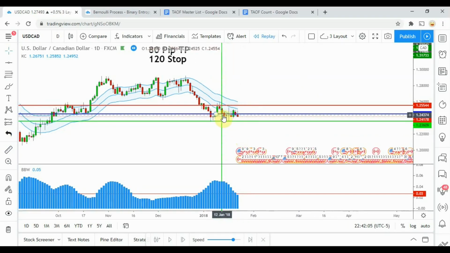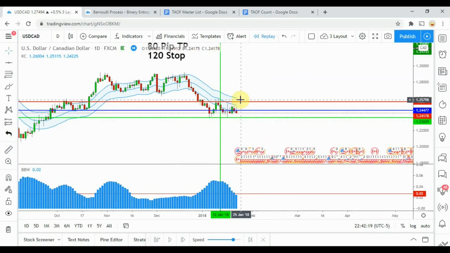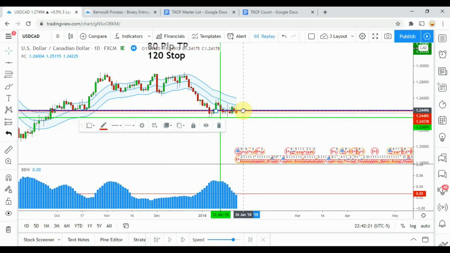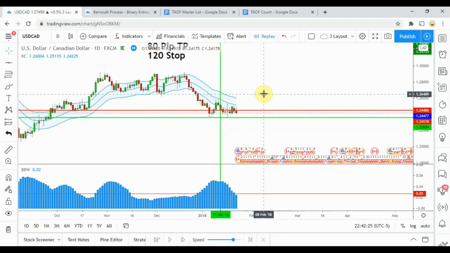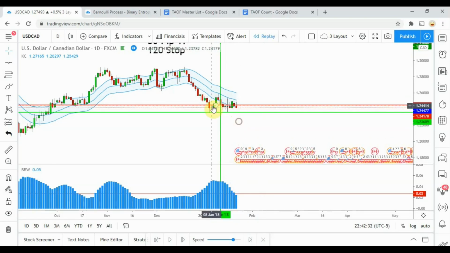Now you see that again the price action came down on this weird looking wicked candle that has no body. It came down and touched our first take profit, we would have then moved the rest of the trade to break even right here, like so. And again, we would have come up and gotten stopped out at break even.